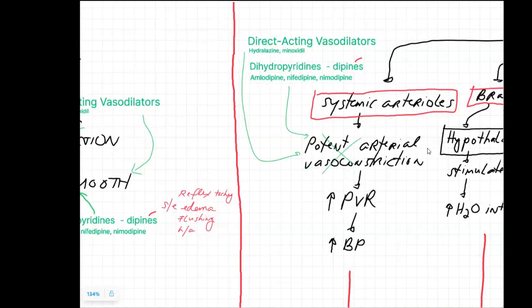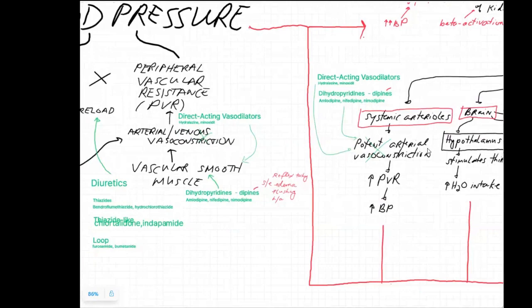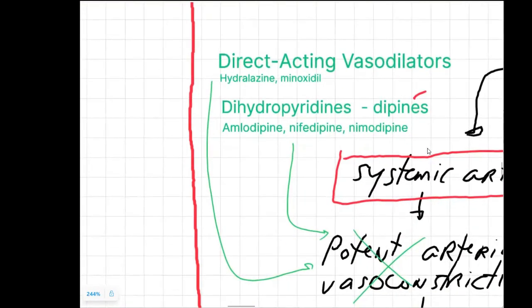And it's also important to note that hydralazine shouldn't be given as a maintenance antihypertensive. It's usually given for very high blood pressure, and it's typically given like in the emergency setting.